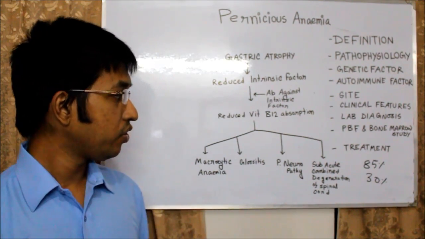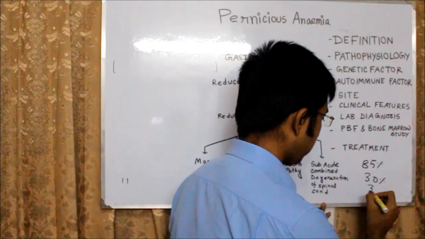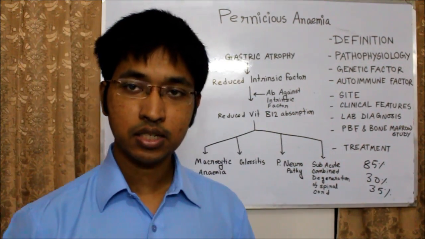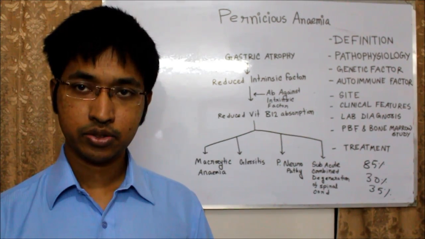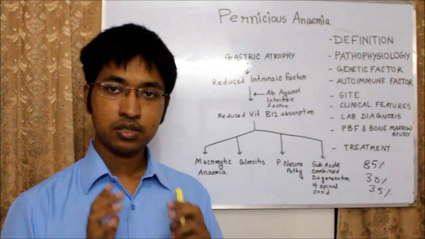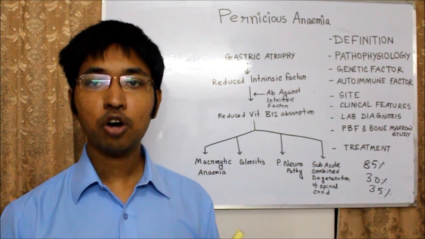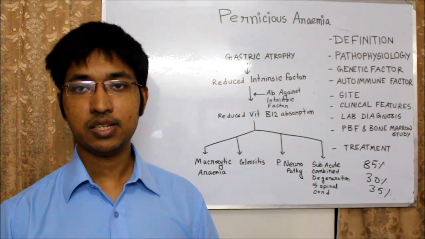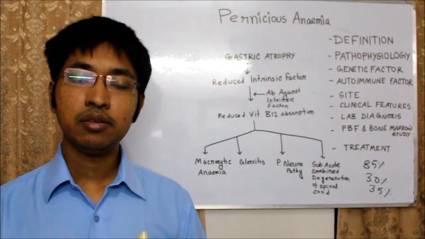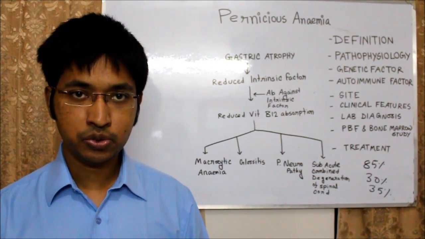And even relatives of a patient who has pernicious anemia can also have 35% antibody against parietal cell in their serum. And also remember, in certain females after the age of 70 years, it is normal to find antibody against parietal cell.